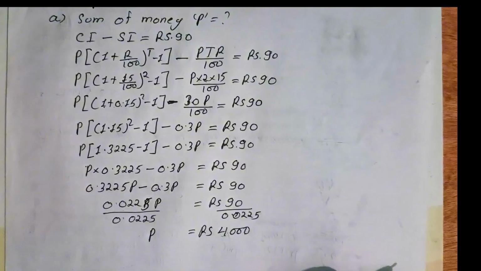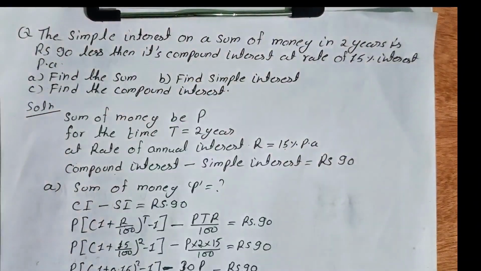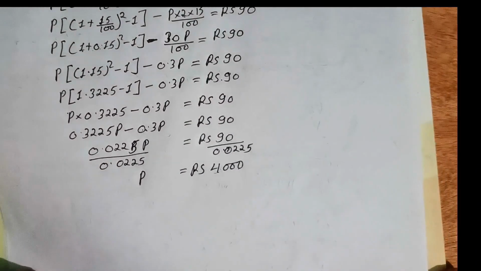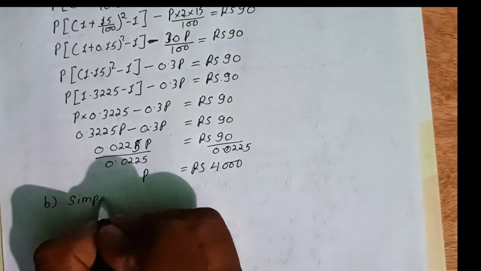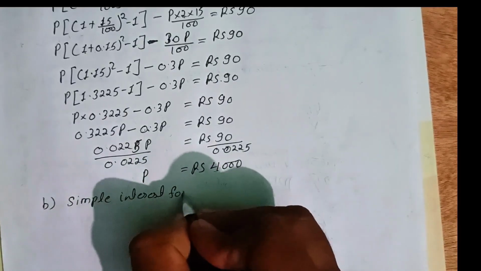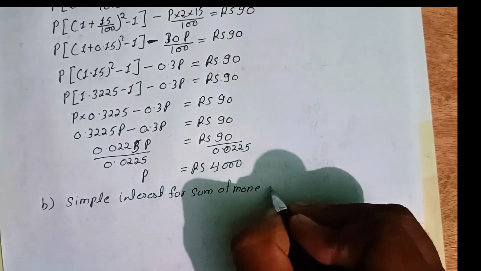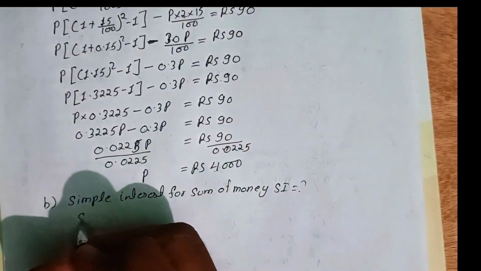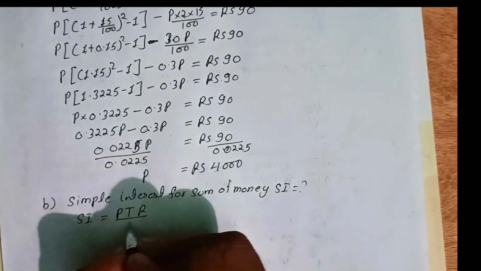In section B, we have to find the simple interest, so that is quite easy. Solution. In section B, we have to find the simple interest for the sum of money. SI is equal to what? For that, SI equals the simple formula PTR upon 100.